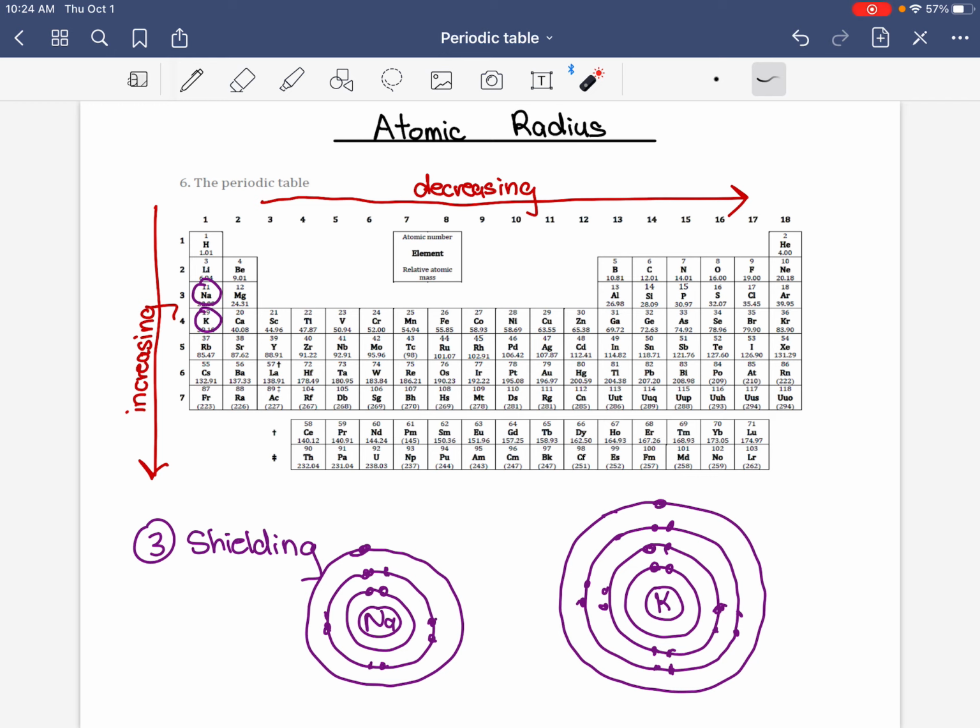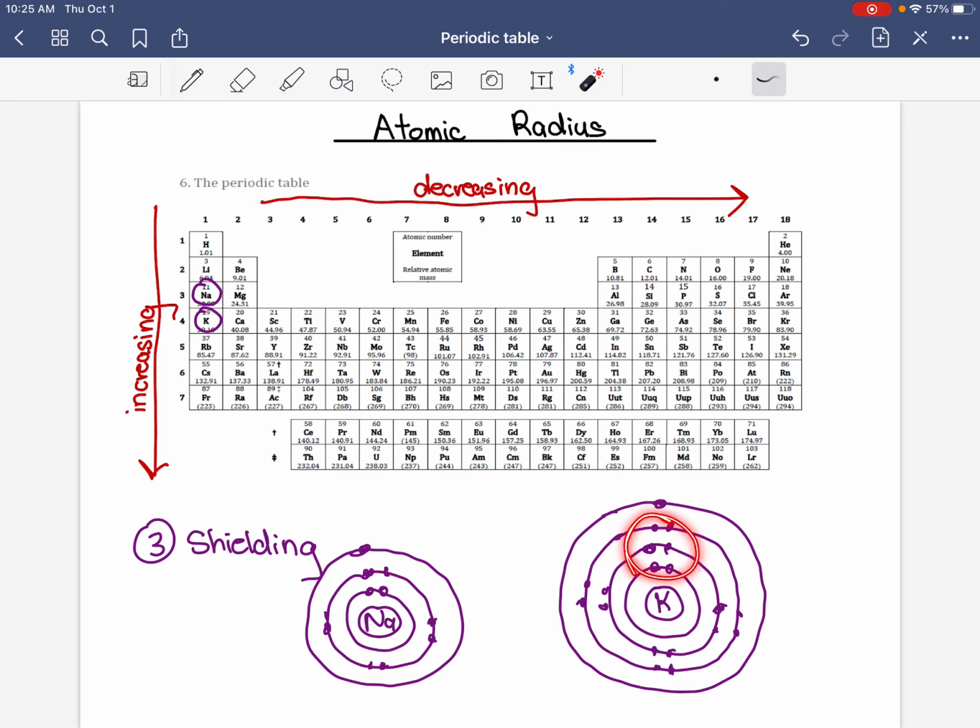Now, you can easily tell that the attractive force is actually weaker from here to here versus here to here. Why? Because of these guys. You see these electrons right here? They're acting as a shield.